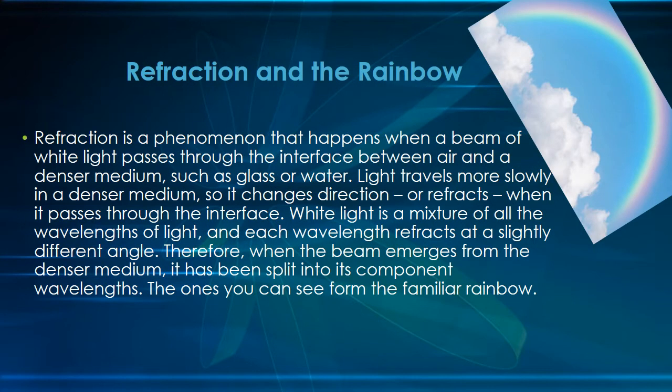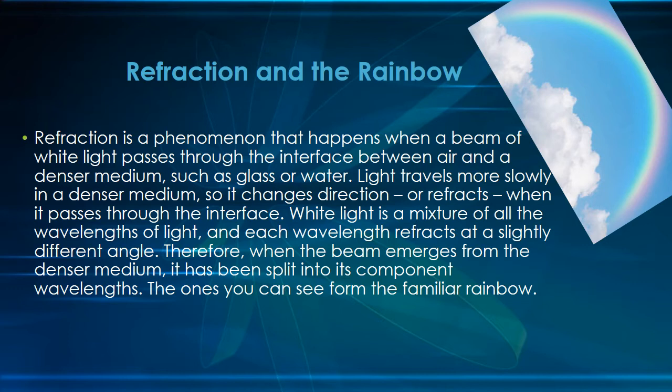Refraction and the rainbow. Refraction is a phenomenon that happens when a beam of white light passes through the interface between air and a denser medium, such as glass or water. Light travels more slowly in a denser medium, so it changes direction, or refracts.